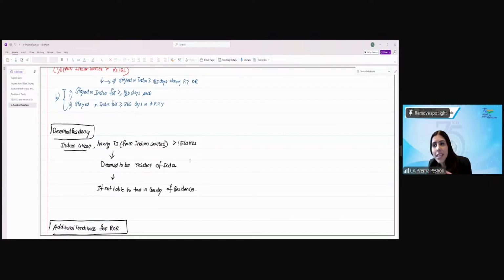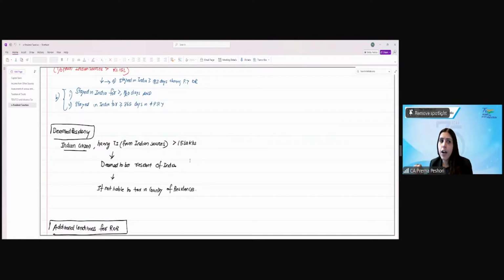In fact, for non-resident, they have reduced tax rates. So if you are earning FTS, royalties, they are taxable at a lesser rate of 20%. Under section 115, even for interest, even for dividends like that. But if you are an Indian resident, your tax rate is a little higher. So that is one important distinction.